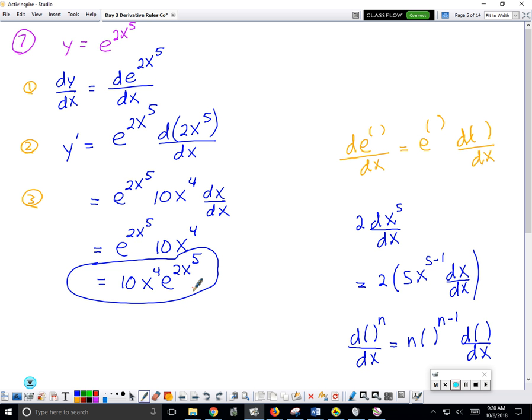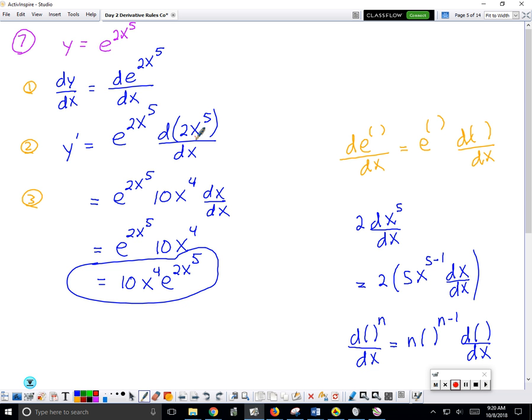Wait, so do you really kind of need to do the power rule first to get your constant? Because if you're looking at it, where does the 10 come from? So right here, I can't use the power rule first because I don't have 2x all to the 5th. I've got 2 multiplied by x to the 5th power.